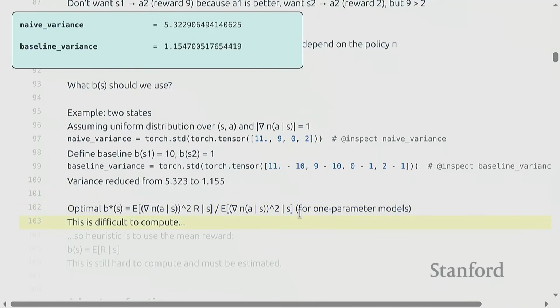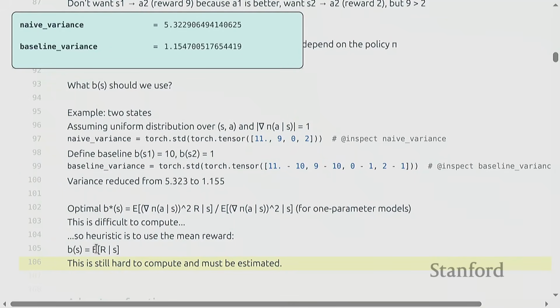So typically what people do is you just ignore this and say, well, I'm just going to set the baseline equal to the expected reward given S. This is not optimal, but it's a good heuristic. And even this you can't compute, because anything with an expectation you can't compute, you can only estimate.